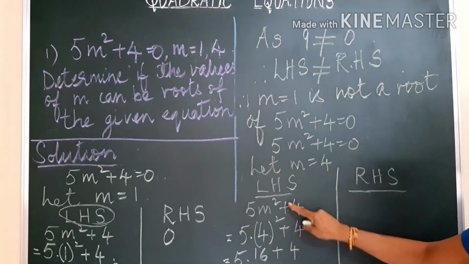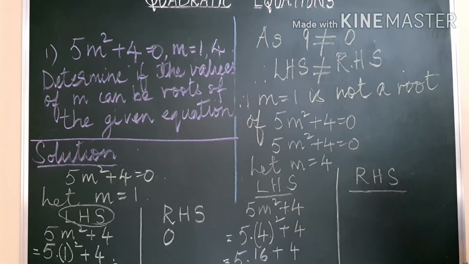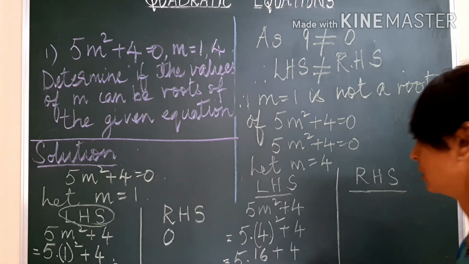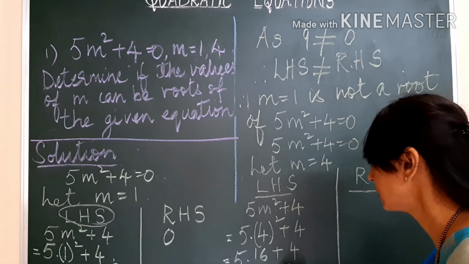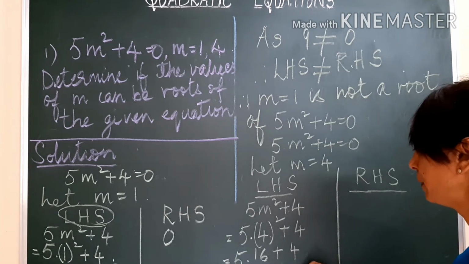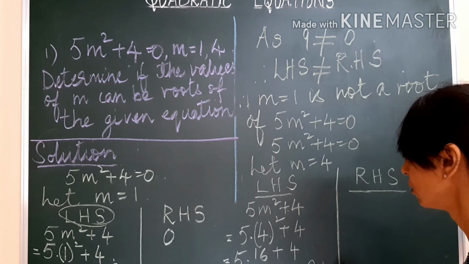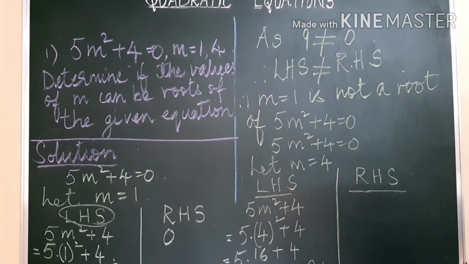If you had a minus sign, you would have put a minus sign. So please check the signs of the algebraic expressions. Is it clear, children? Now 16 into 5 or 5 into 16 is 80 plus 4. So the answer on the left hand side is 84.